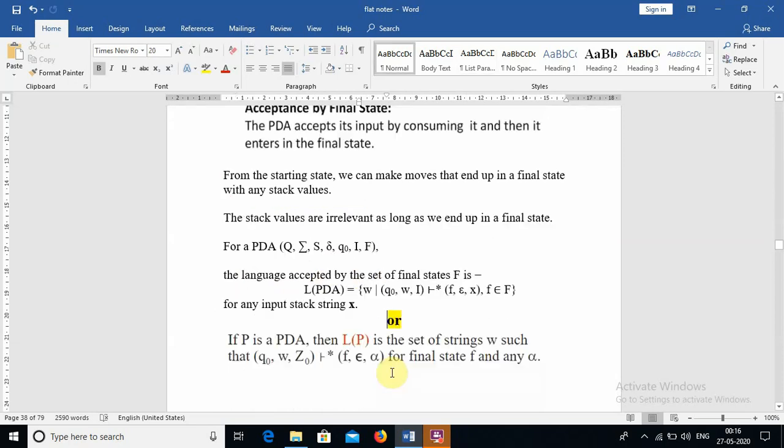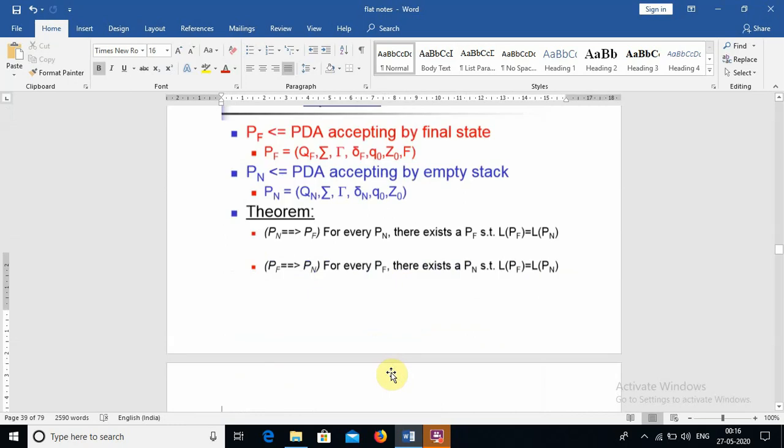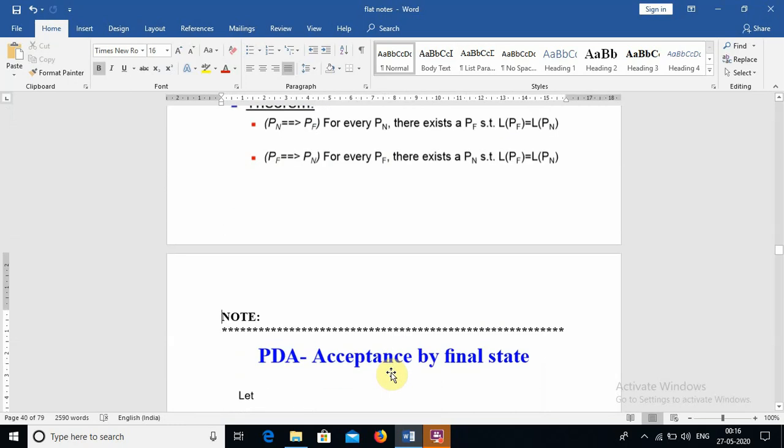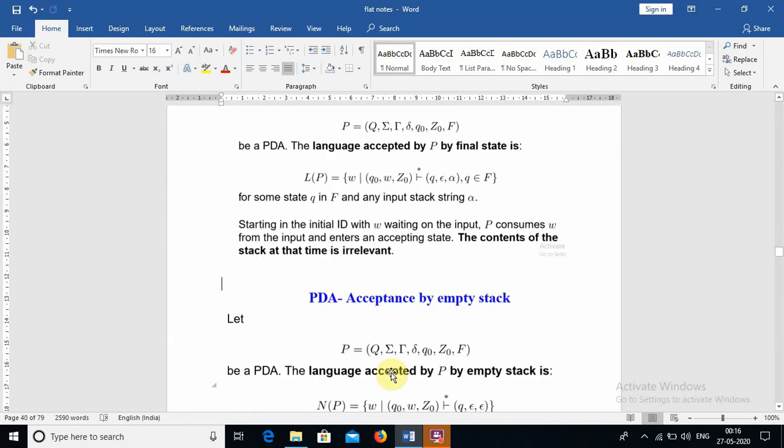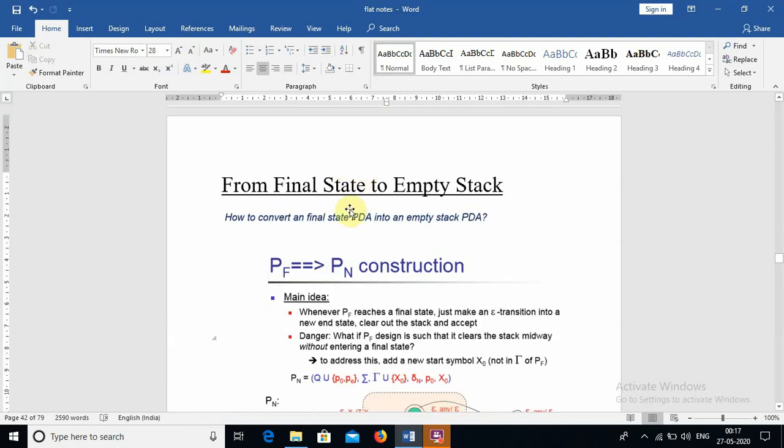But here there is a conversion from PDA empty stack to PDA final state, as well as PDA final state to PDA empty stack. How is it possible? With the help of X0, a new stack variable, we can use it. By using this, we can convert from empty stack to final state. In the same way, from final state to empty stack, we can empty the stack with the help of epsilon transitions.